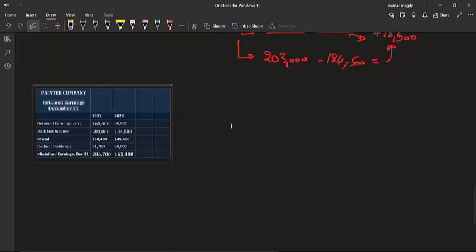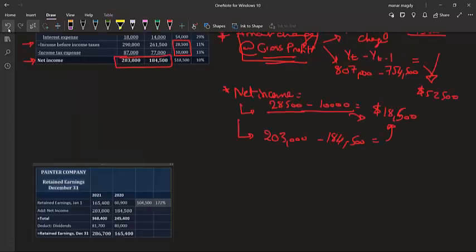So that's calculated the same way. You calculate the difference between year T and year T minus 1. So year T is year 2021 and year T minus 1 is year 2020. So let's calculate the difference. It was 60,900 in year 2020 and it increased to 165,400.